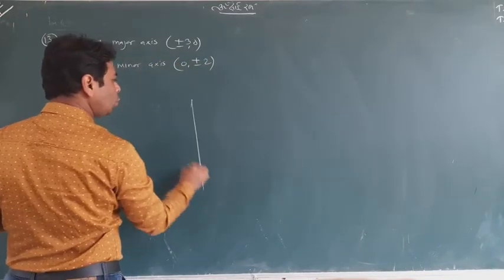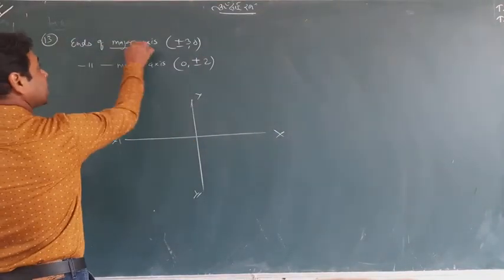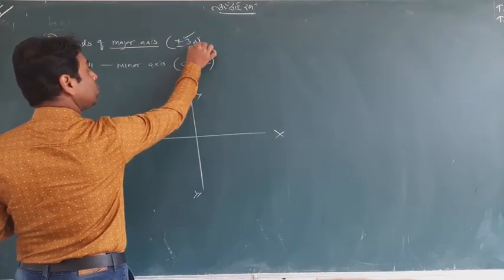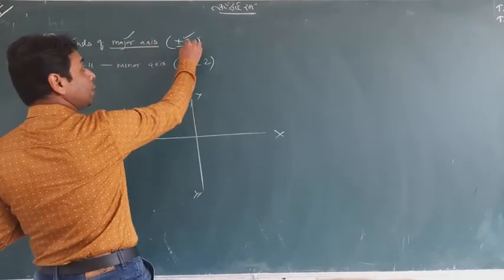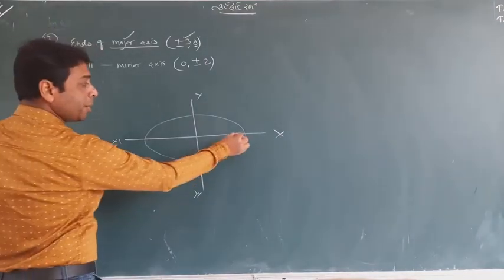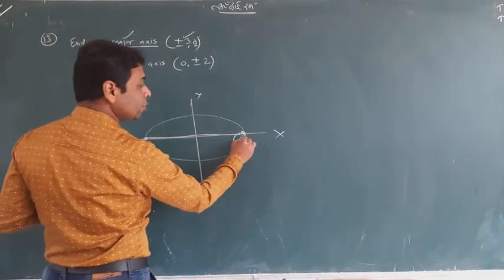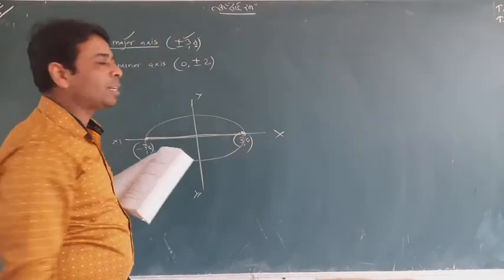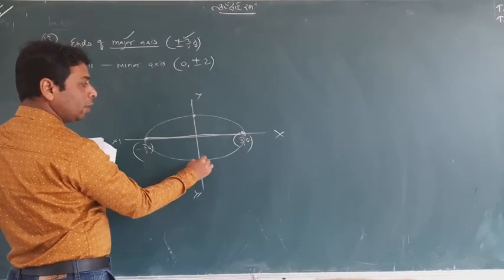I just want to clarify the sentence: when the ends of the major axis are plus minus 3 and 0, it is a major axis and the ends are 3, 0 and minus 3, 0. These are actually the vertices. And this is the ends of the minor axis.